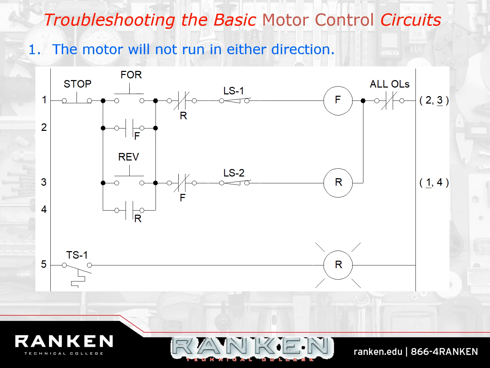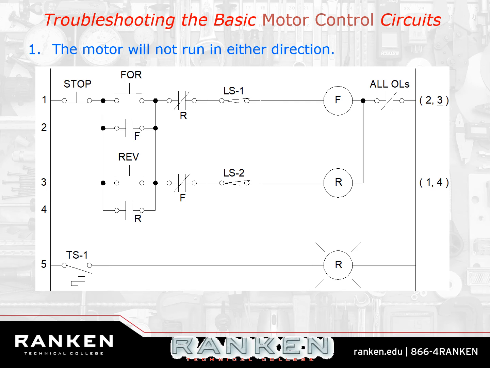So, I don't believe in coincidences. I wouldn't necessarily go to that first, right? But there are two things that both of those have in common. The overload is in common to both of these rungs, right? And the stop button is common to both of these rungs.